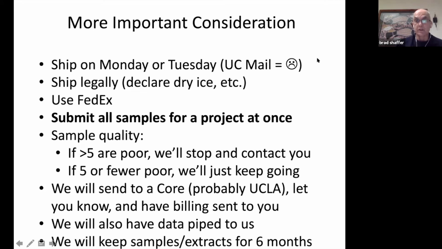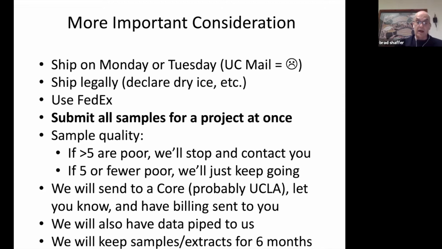So we'll send them to a core, probably at UCLA, although we're not positive about that. We'll let you know, and then the billing for that sequencing, which was part of your budget, will be sent to you, and it's your responsibility to pay it. It's also your responsibility to download the data for your own uses, just like it always is.